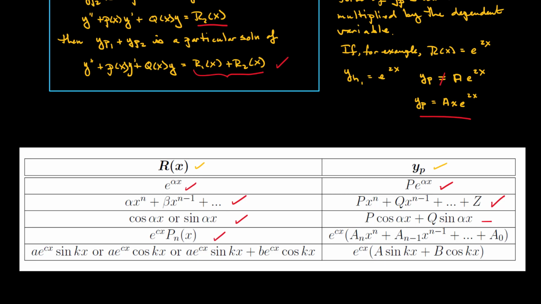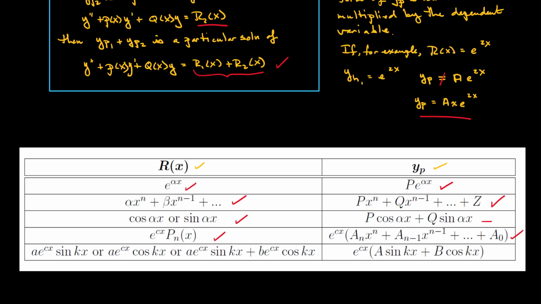This case over here looks at the product of an exponential function multiplied by a polynomial of degree n. And what this is saying is that if you encounter this as your non-homogeneous term, then your proposed solution should be of this form here, where you are multiplying the exponential function by a polynomial of degree n.